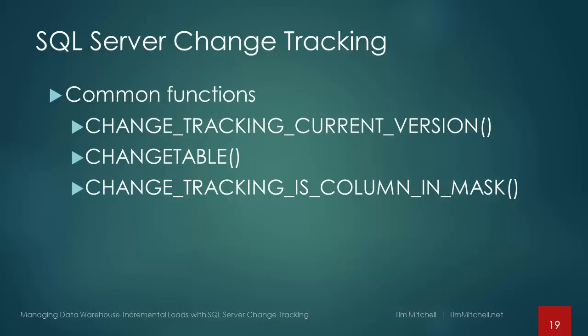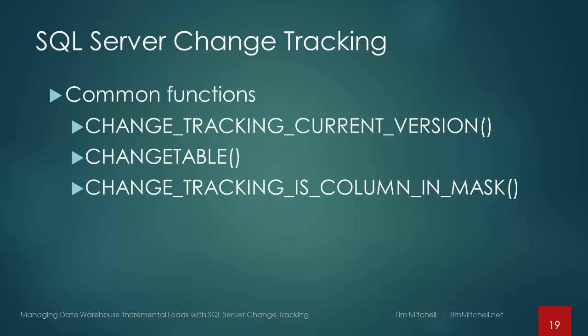The second function that you'll use is the change table function. Change table will retrieve for the named table, and it only does a table at a time, all the records that have been inserted, updated, or deleted since the last version number. And the version number is a parameter to that function that you'll specify. Remember that table that I told you, you have to maintain the identifier for the last load.